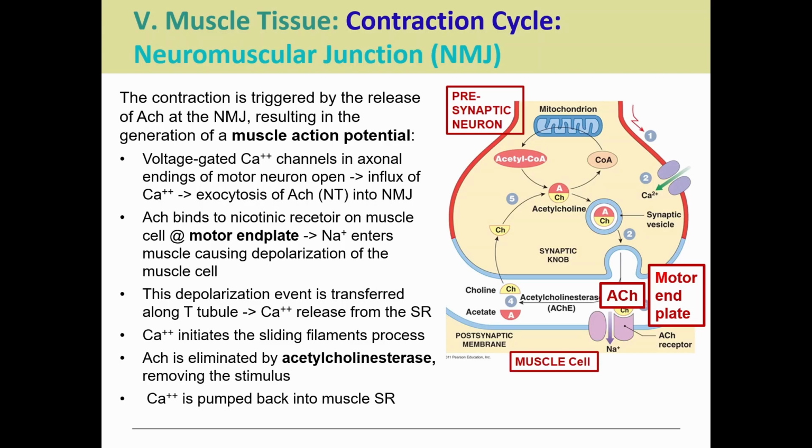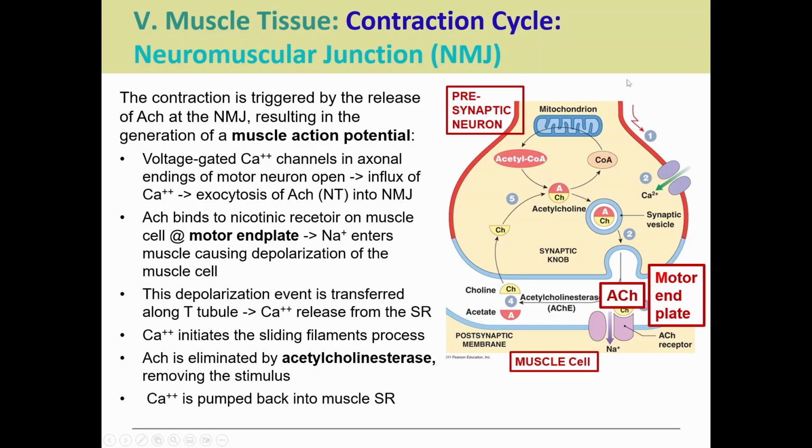A muscle action potential. And so if we look here, I'm going to walk us through this picture, and then we'll get to some of this other stuff. So here is our presynaptic neuron, and then down here is the muscle cell. At the end of this axon terminal, we have acetylcholine as the neurotransmitter.